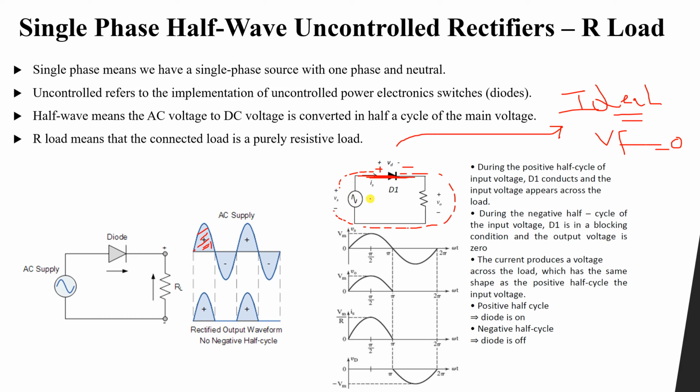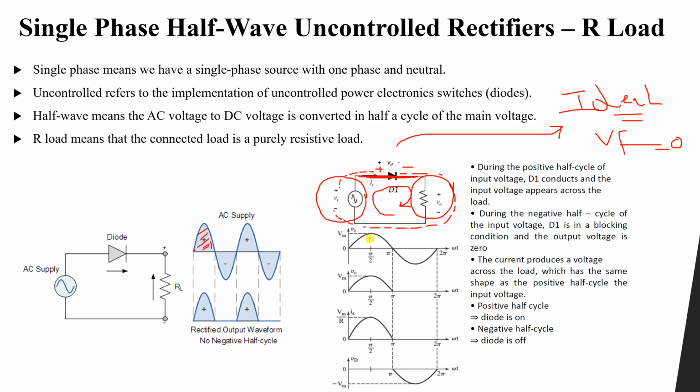Now when this becomes a short circuit, what is the voltage on the output? If you apply KVL in this loop, you will find that V supply is equal to the voltage across the resistor. We have our source, a sine wave with a maximum value of Vm.